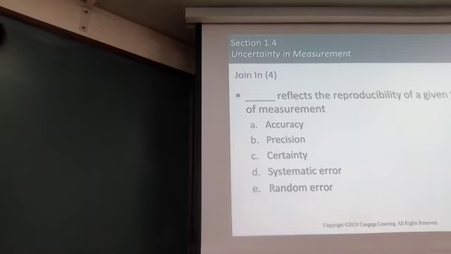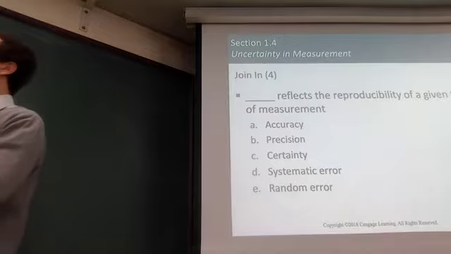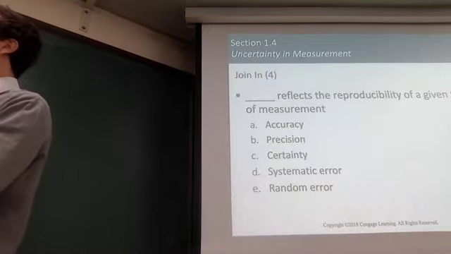Fill this gap: ___ reflects the reproducibility of a given type of measurement. Is it A, accuracy? Is it B, precision? Is it C, certainty? Is it D, systematic error? Is it E, random error?